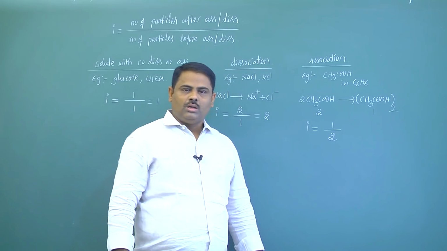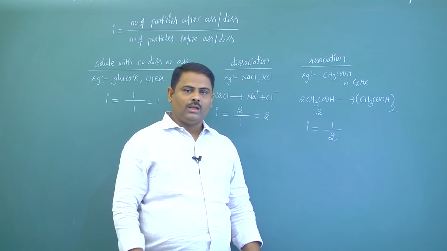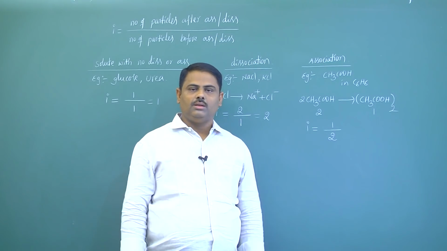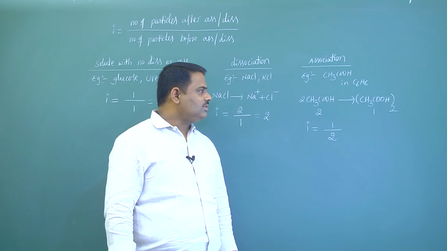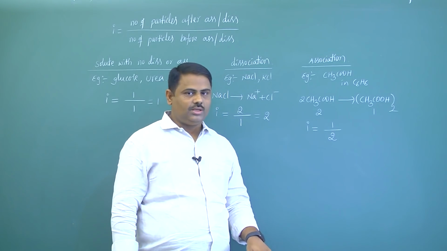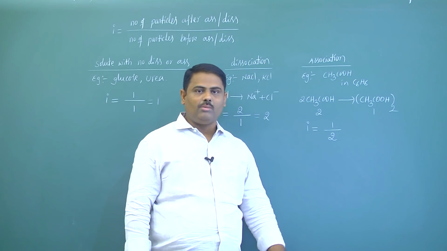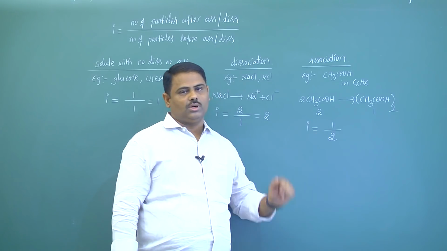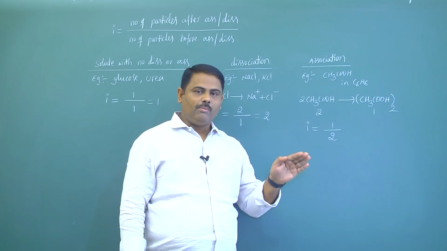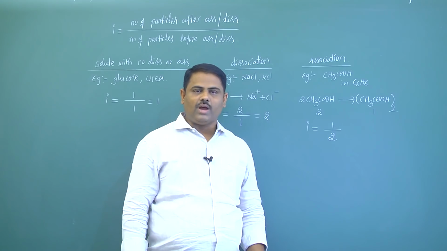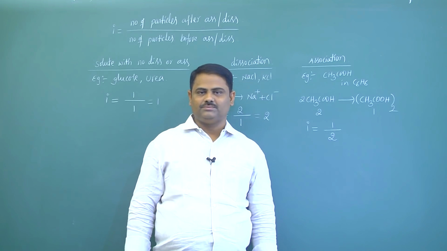So during dimerization, the number of particles decreases, and i becomes 1 by 2. Suppose for trimerization it becomes 1 by 3, tetramerization 1 by 4. So during association the number of particles decreases, and the value of the colligative property also decreases.